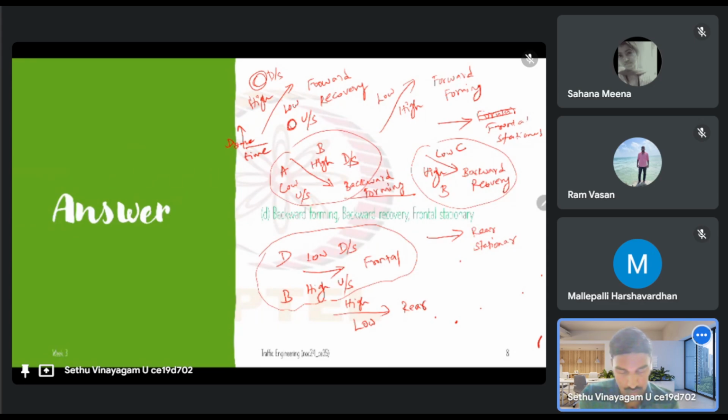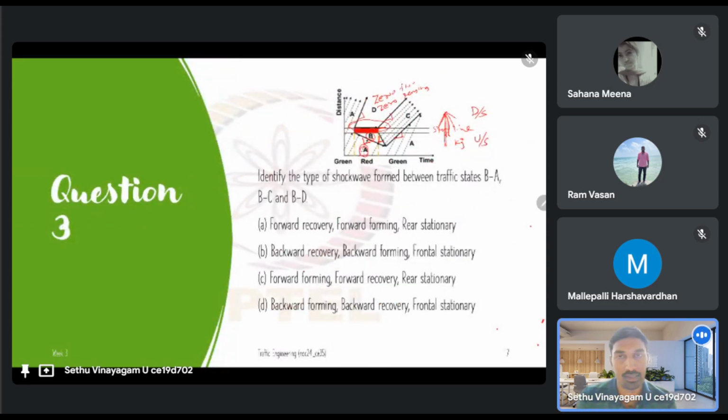Okay. So the first thing is, when you are presented this shock wave diagram, identify the densities on either side of the shock wave, right? Which side is high, which side is low, comparatively. When we are looking at pairs, between B and A, A is lower compared to B, right?